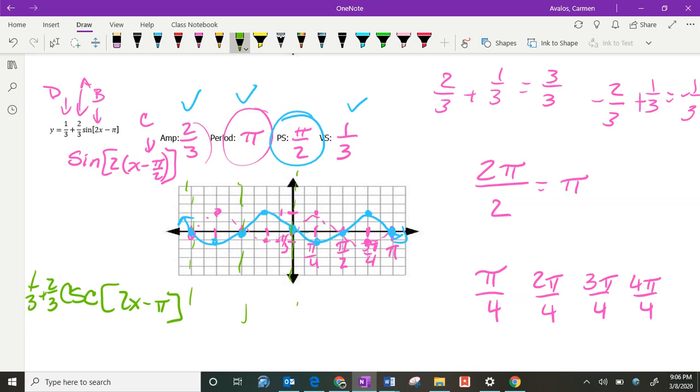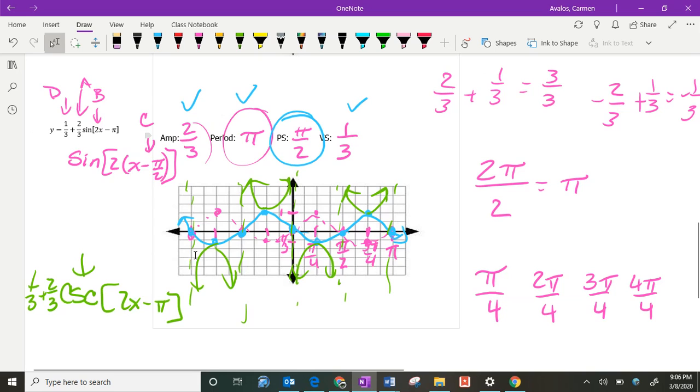The cosine and the secant, the cosecant, these are the asymptotes, and then you just flip them. So if you were given this problem instead of the top problem up here, all you would do is graph the sine, the same thing you did there, and then you just flip them out. Okay, very good.